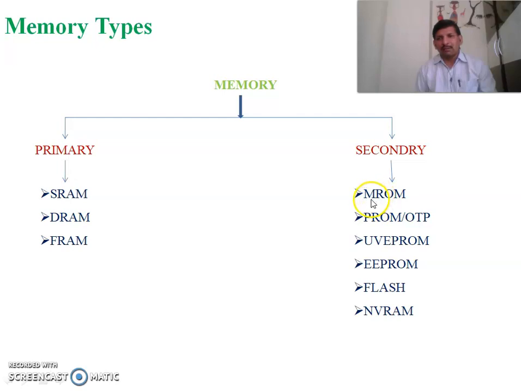Like that, the masked ROM stores the bit information. By using masking and metallization processes, the information is stored in the device according to the data given by the end user. The information is stored during manufacturing itself. The advantage of the masked ROM is that it is very low cost for high volume production.